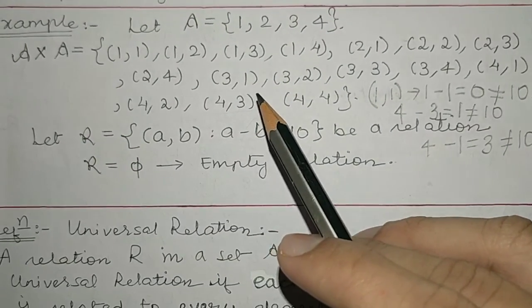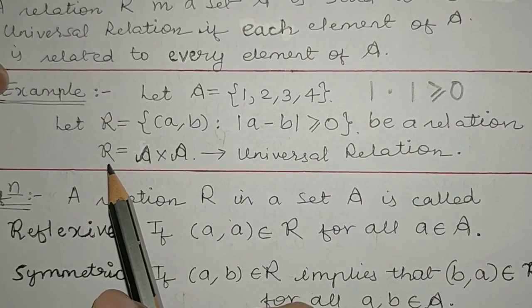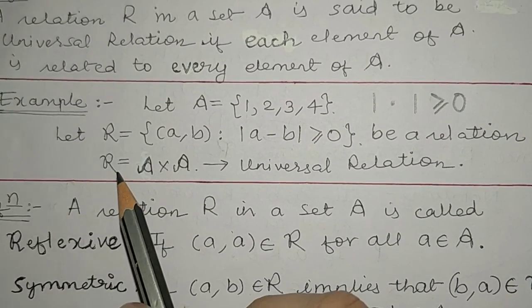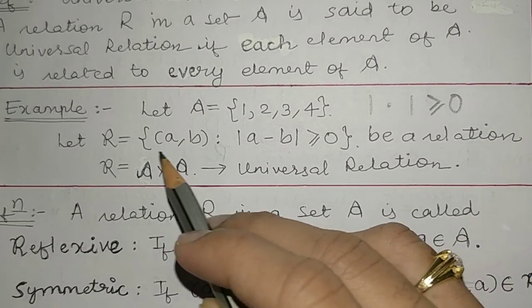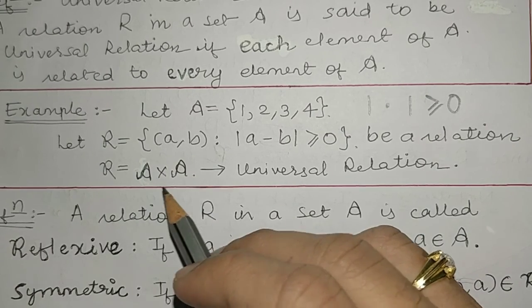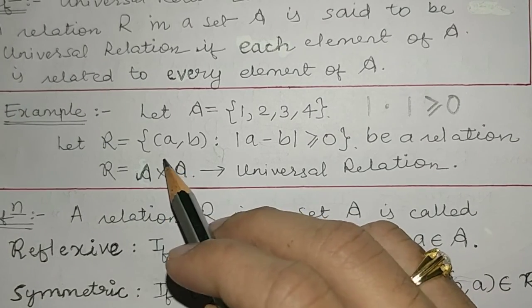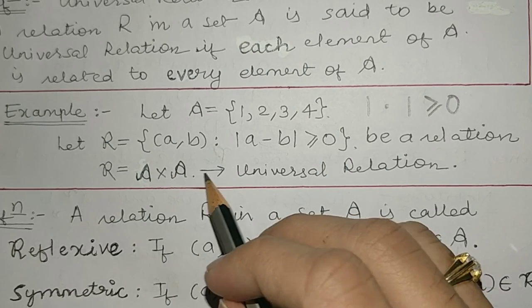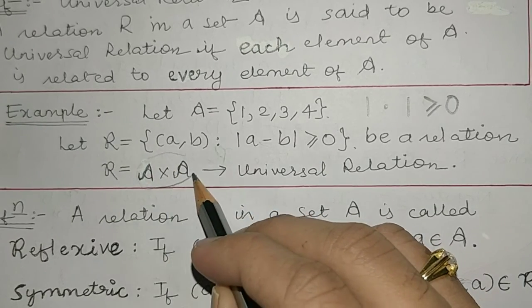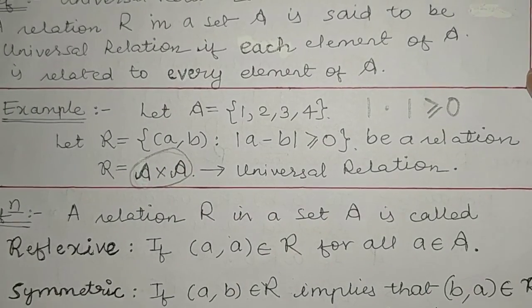So R is equal to A cross A. A cross A is the entire set, so you have every element of A cross A. Since you are getting the entire set A cross A, it is called the universal relation.